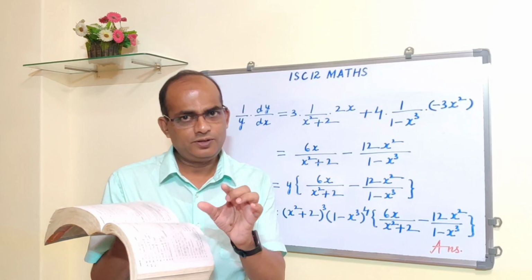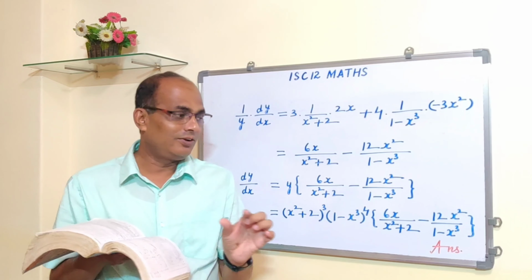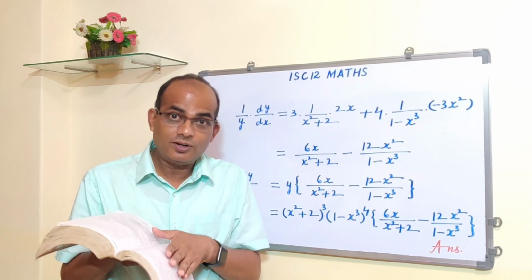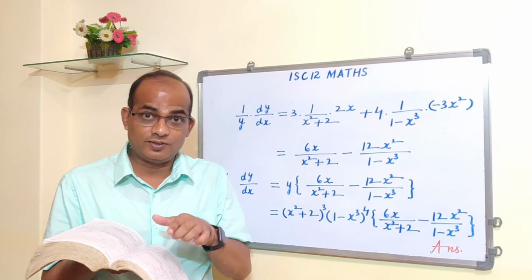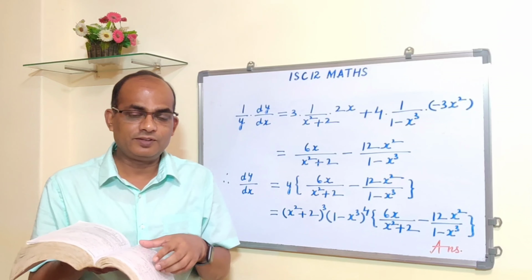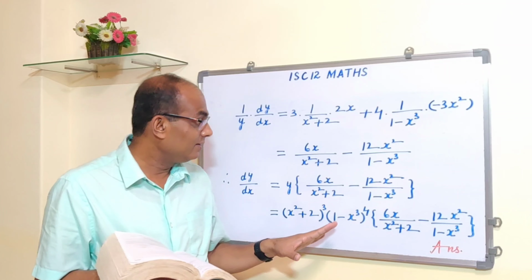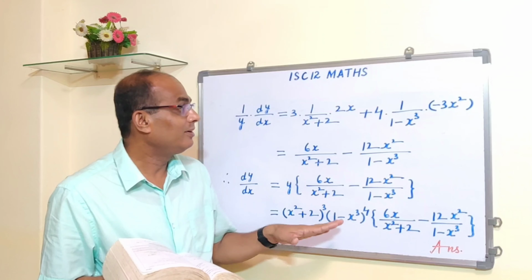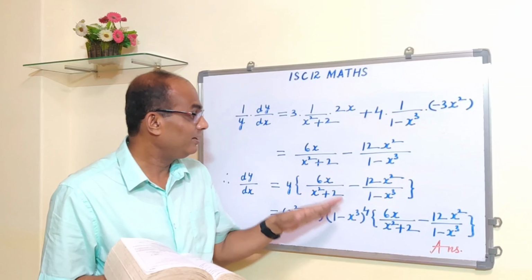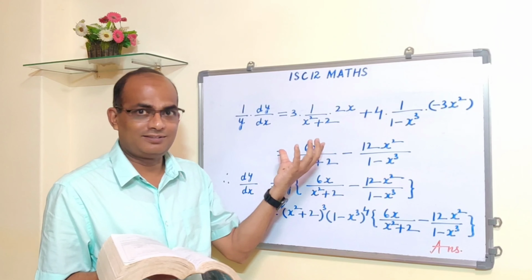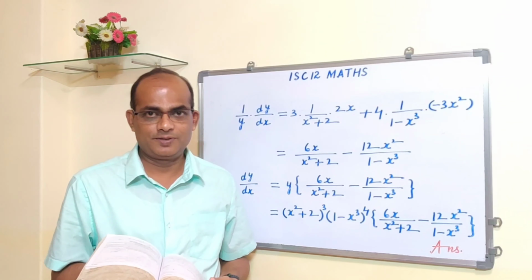So got it understood? The reason we are not getting the same answer is they have solved the first question, not all the questions, only the first question, without taking logarithm. We are doing it by taking logarithm, because if we take logarithm, the expressions are simpler and it's very easy to differentiate them.